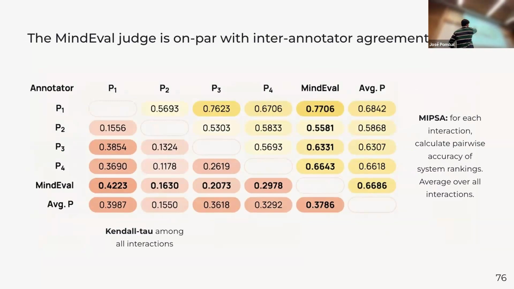Each entry here on this matrix is the correlation between the annotator in the row and the annotator in the column. P1, P2, P3, P4 are humans, these are psychologists, and average P is the average of all psychologists. And MindEval is our judge. This is Kendall Tau.